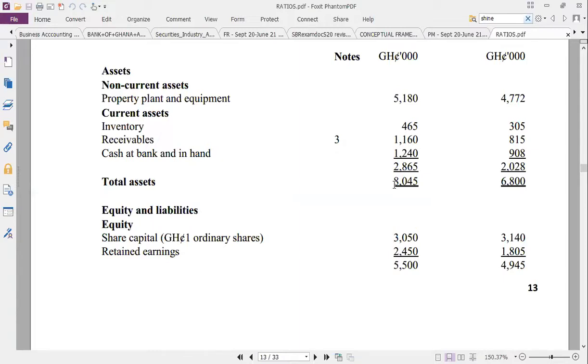Yes, it's true. So shine has 2028. This question has visited us again. We're in 2020, so that is exactly 7 years in.